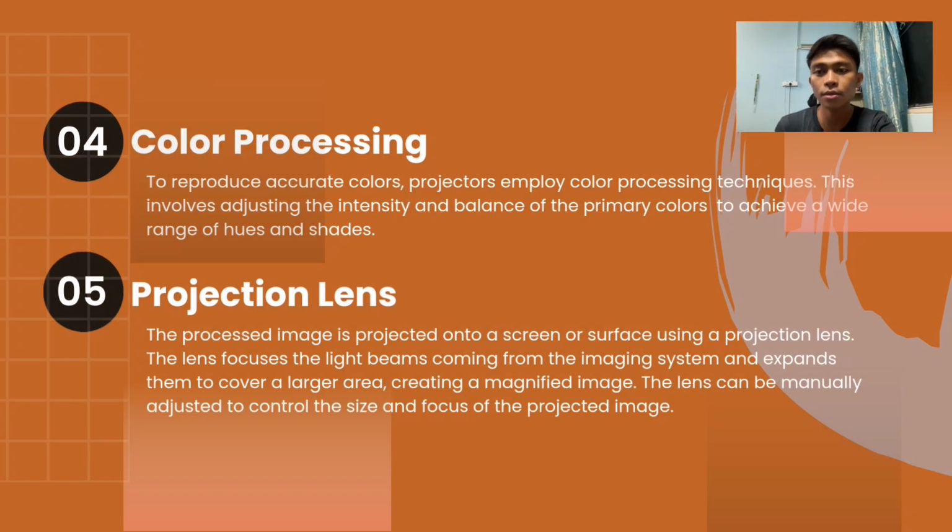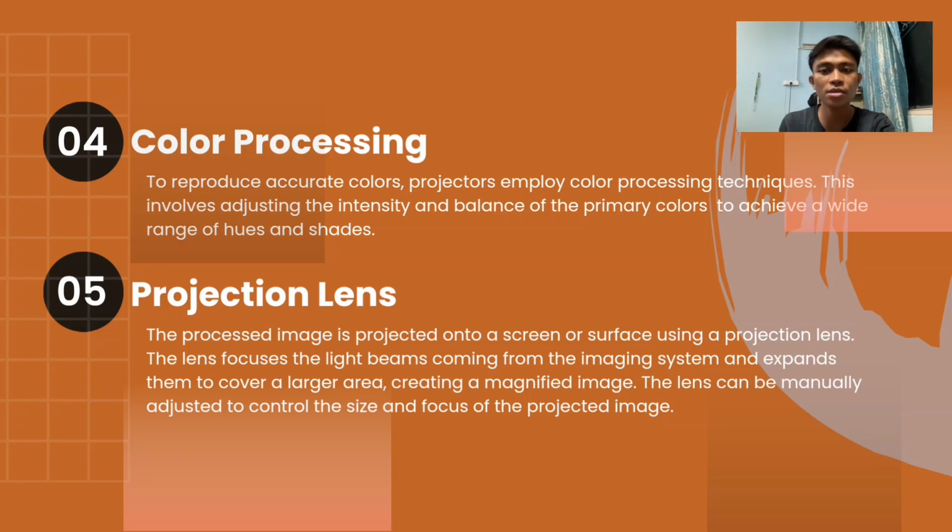Number 4, color processing. It is to produce accurate color. Projectors employ color processing techniques. This involves adjusting the intensity and balance of the primary colors such as red, green, blue, and so on to achieve a wide range of hues and shades. For number 5, projector lens.